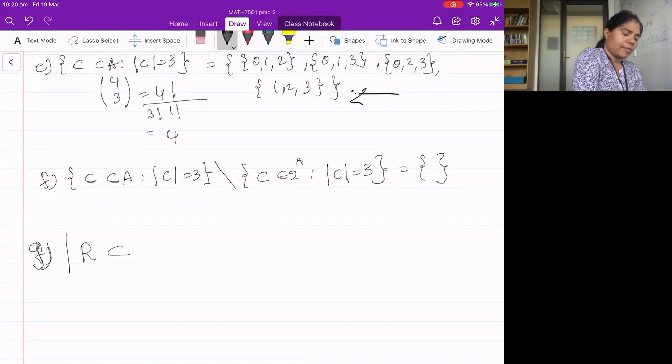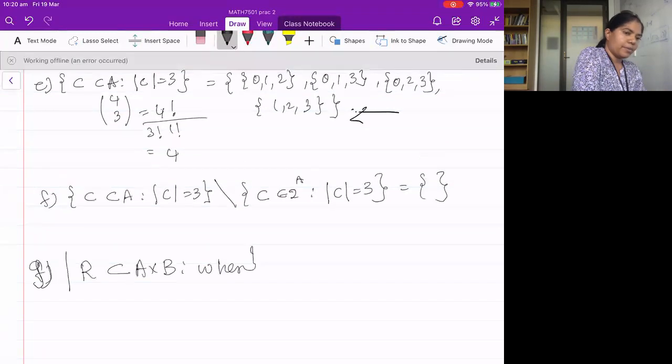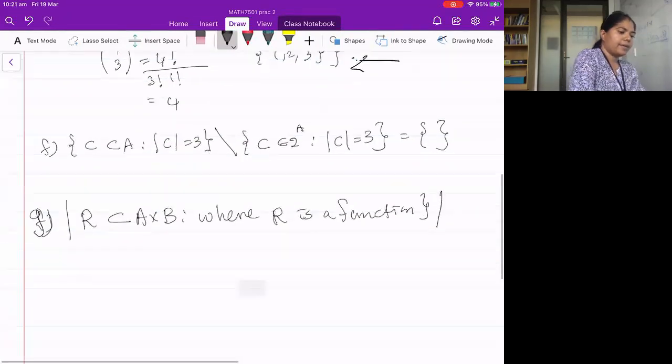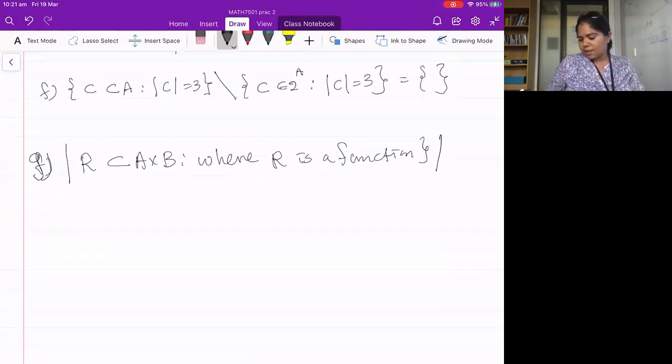R is a subset of the Cartesian product, where R is a function. Okay, the number of elements in that set. So this set counts how many binary relations there are from A to B.